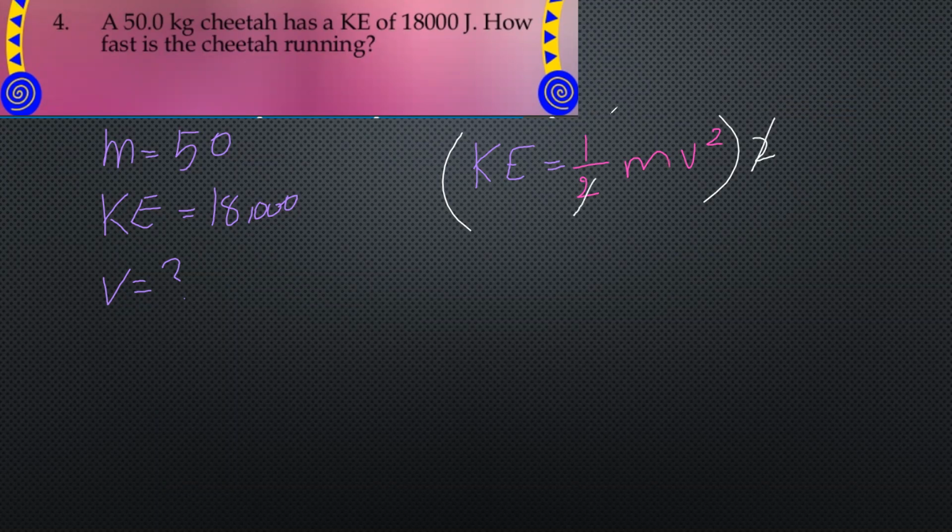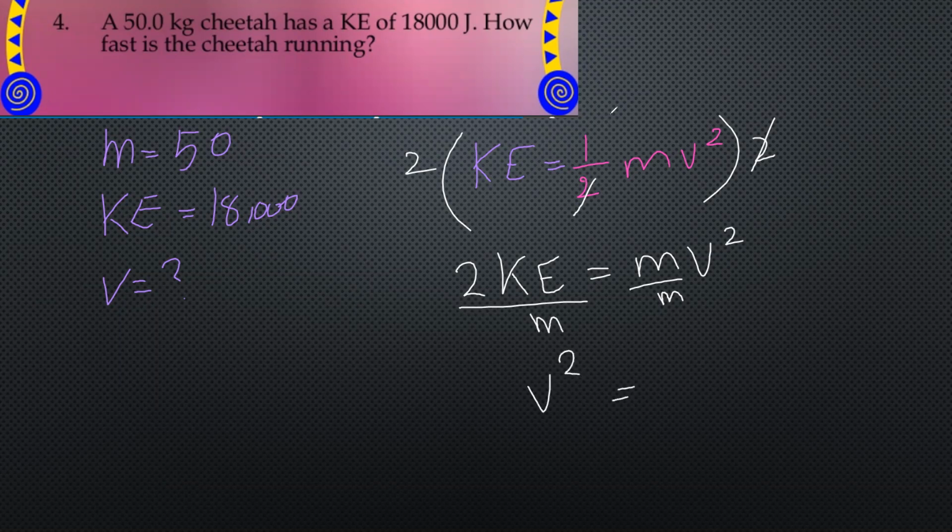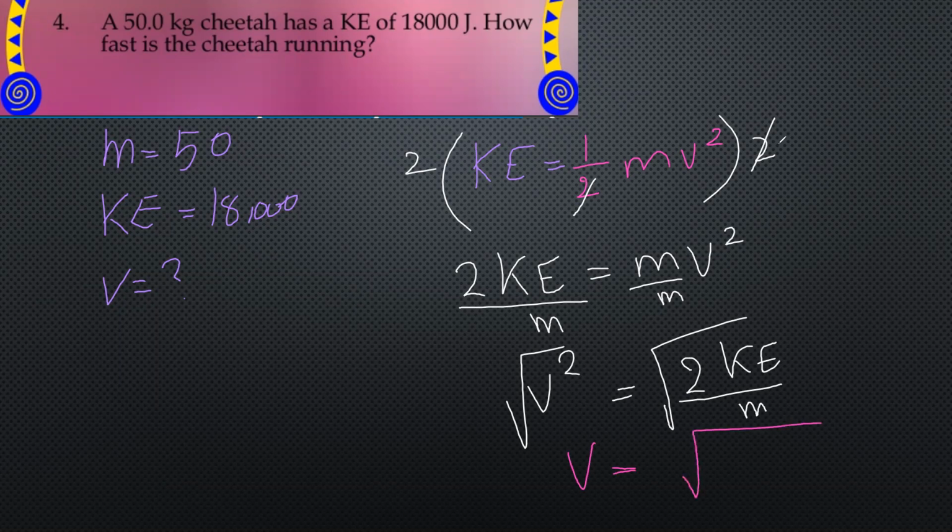When you multiply, you have 2 kinetic energy is mass times v squared, over the mass. So v squared is 2 kinetic energy over the mass, under the square root. So from this formula, we can derive a new formula to find the velocity: the velocity is the square root of 2 kinetic energy over the mass.